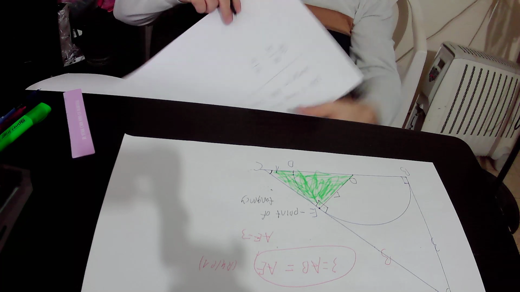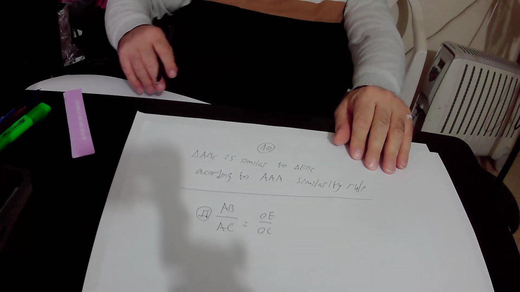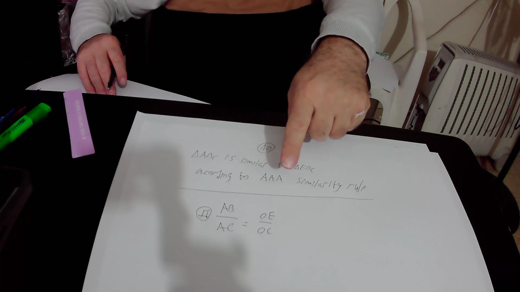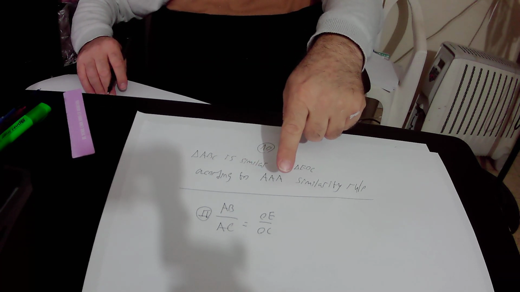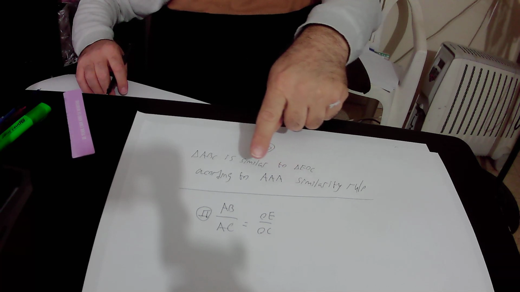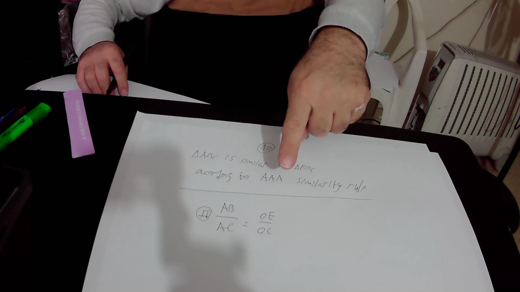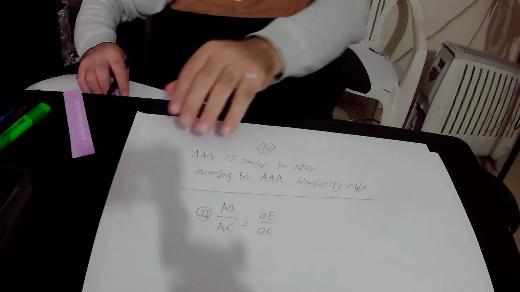I will repeat again, because the right big triangle ABC is similar to the right small green triangle OEC, we conclude that AB over AC equals OE over OC.